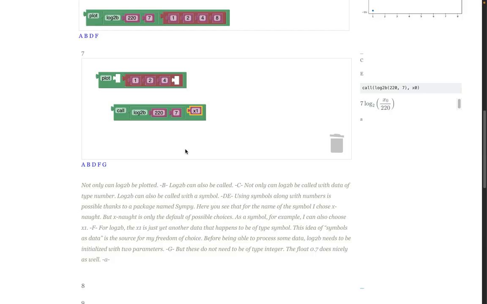Before being able to process some data, log2b needs to be initialized with two parameters. But these do not need to be of type integer. The float 0.7 does nicely as well.